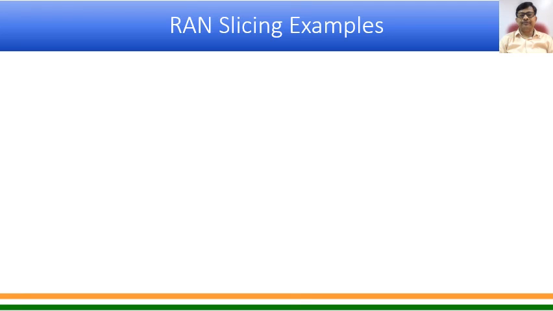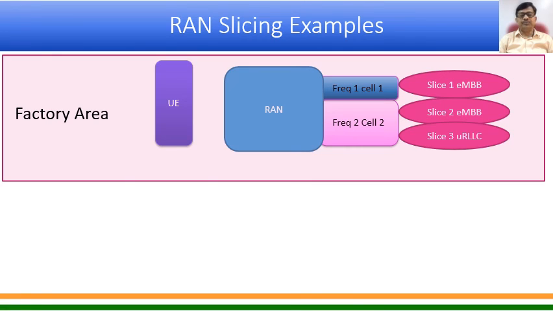Let us look at a few more examples of RAN slicing. Suppose there is a factory area where there is a requirement for a URLLC slice. Let us assume the radio access network has frequency 1 cell 1 supporting the eMBB slice, and frequency 2 cell 2 supporting eMBB and URLLC.